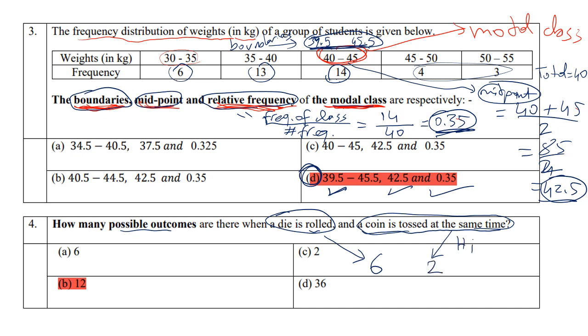We have multiplication here because one can have 1 head, 1 tail, 2 head, 2 tail. So for each number, there will be 2. So we find the total cases by multiplying 6 and 2, which is 12.